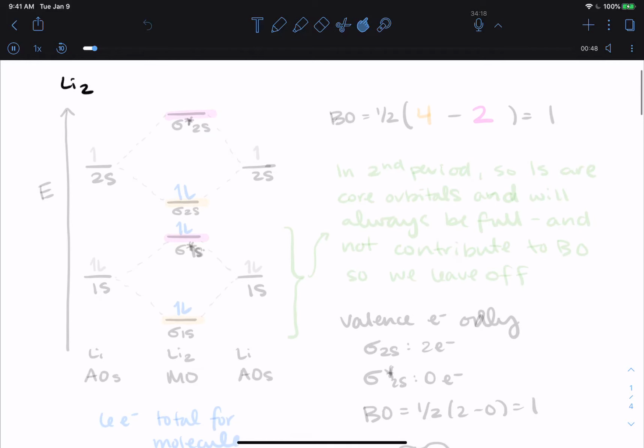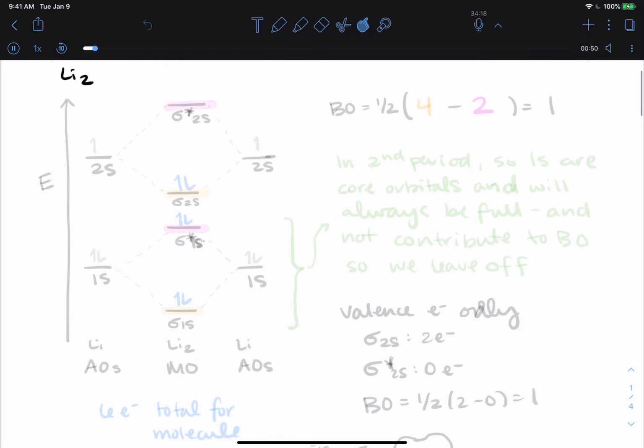Now, I'm going to start by drawing the MO correlation diagram, and let's give me a little more space on this one. So I've got an energy scale. I'll have a column with lithium atomic orbitals. In the middle, I'll have my dilithium molecular orbitals. And then the right-hand column will be my lithium atomic orbitals, since this is a homonuclear diatomic.